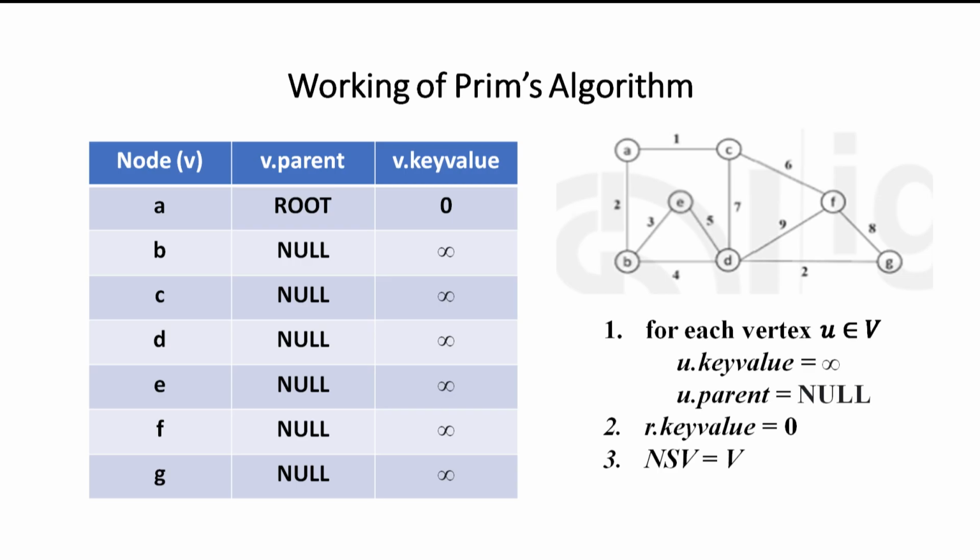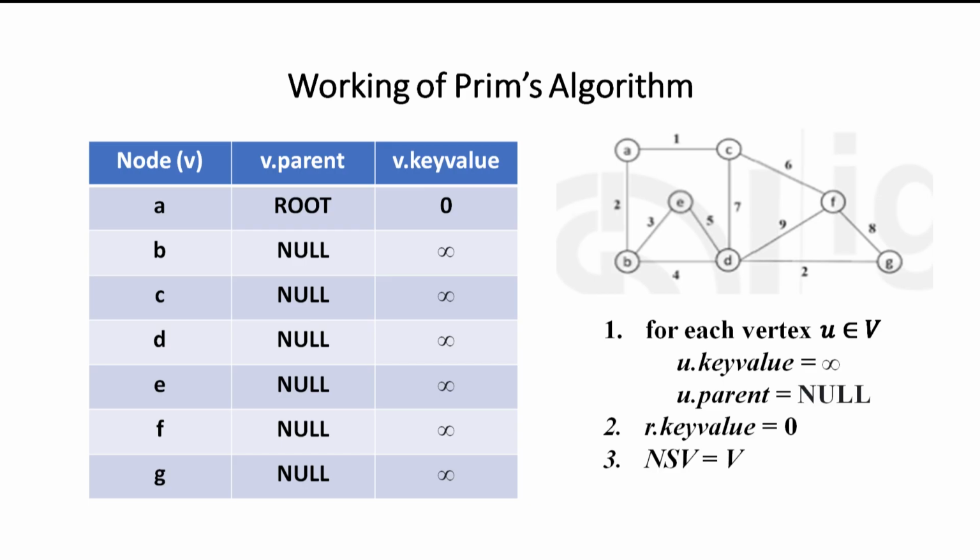Let me take this particular example to explain the working of Prim's algorithm. As I told you, the first 3 steps are the initialization steps. Here in this graph we can see that there are 7 vertices, namely A, B, C, D, E, F and G, represented in the first column of the table. Then we initialize the parent for every vertex.